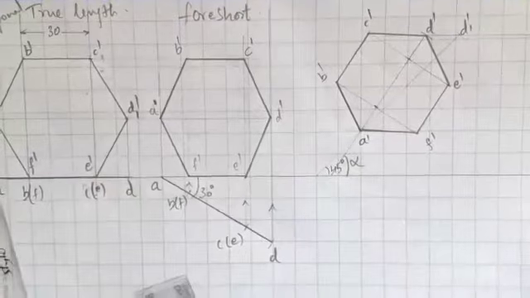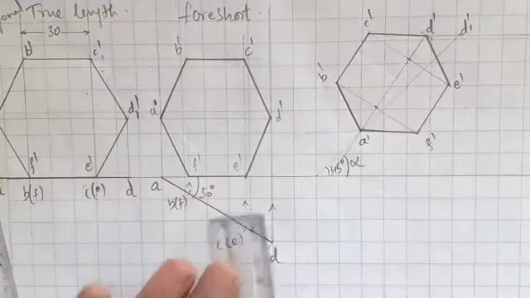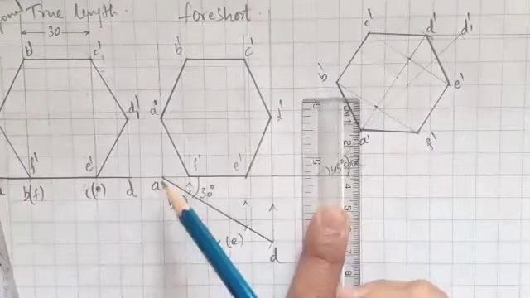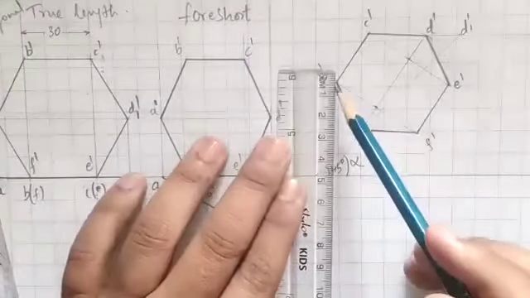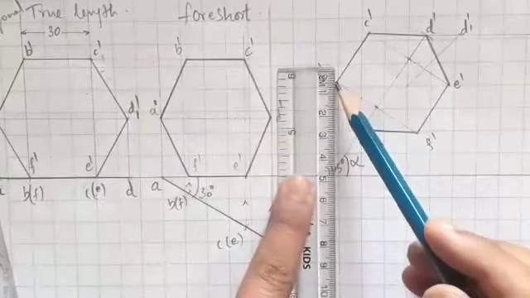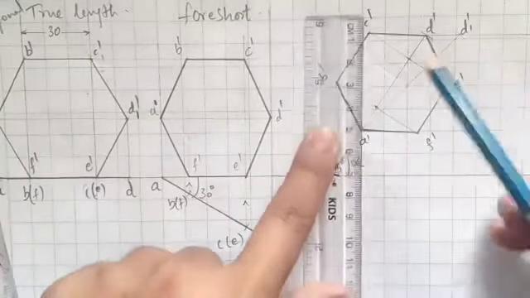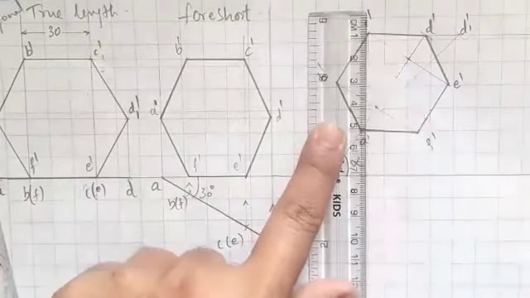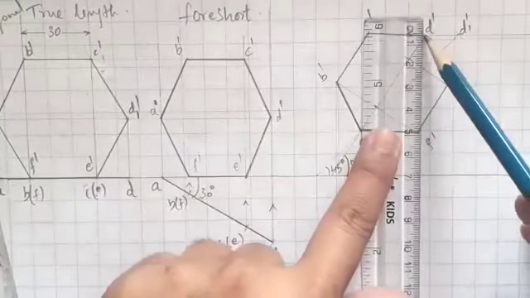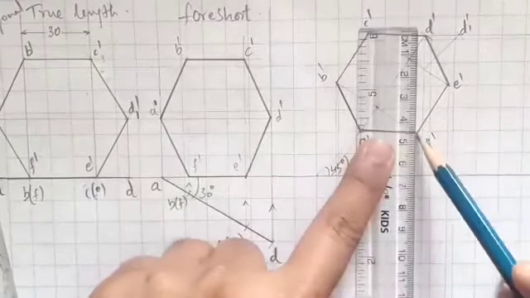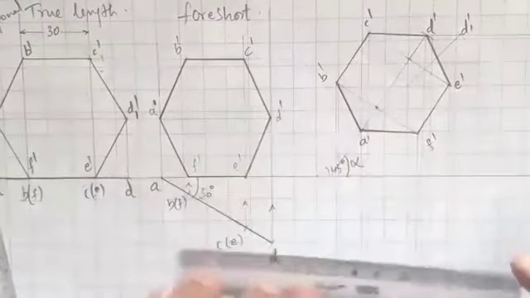And then complete the top view. From A dash, draw a projector till the XY line where it meets A. Next, B dash to B location somewhere here. Next from C dash, I'm going to draw a projector, and D dash, E dash and F dash also.